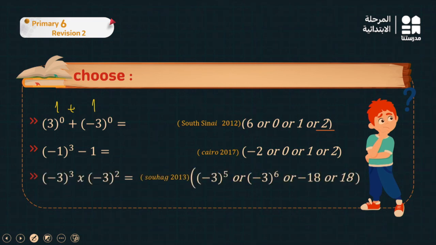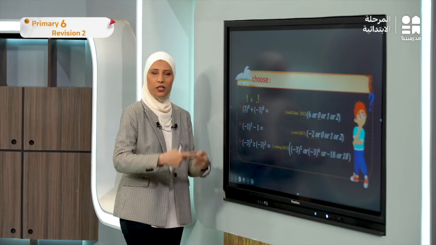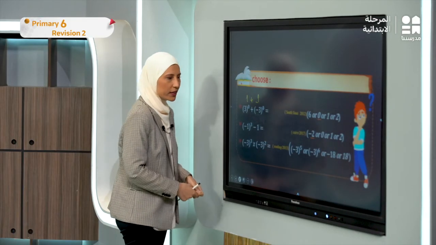Now I have negative 1 to the power of 3, minus 1. Negative 1 to the power of 3 is an odd power, so it keeps the negative as it is. So I write negative 1 minus 1, which will be negative 2.